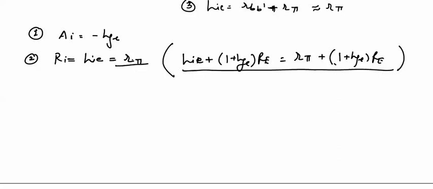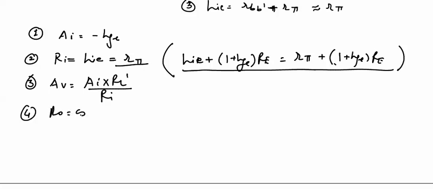This was the case of bypassed RE, and this will be the case of unbypassed RE. Number 3, voltage gain AV will be equal to AI into RL dash upon Ri. This equation will be used again. And last, number 4, our output impedance will be considered as infinite.